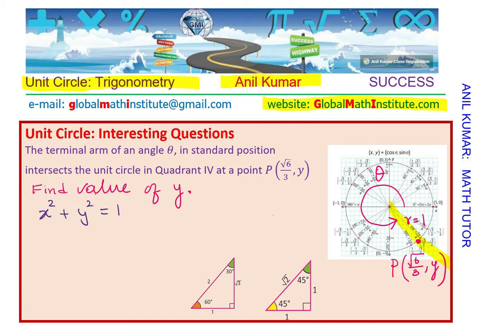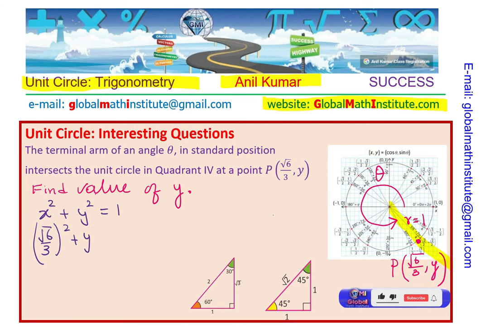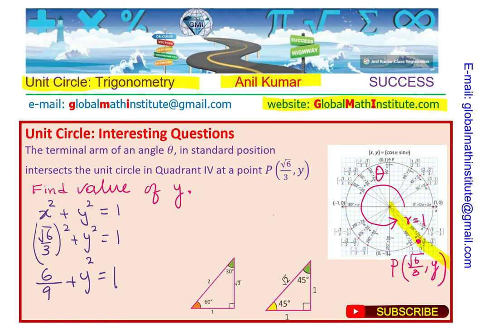The x value is given to us, which is square root 6 over 3. So square of this plus y square should be equal to 1, right? So that gives you 6 over 9 plus y square equals 1, right?